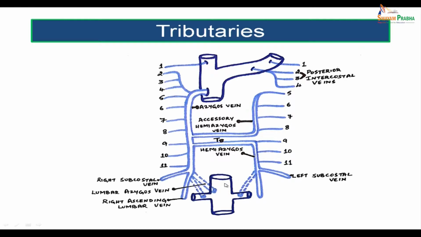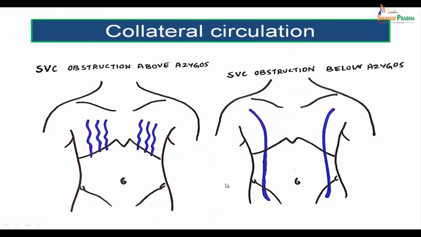All these become important when there is collateral circulation happening. If the superior vena cava is obstructed above the azygous vein, before the azygous vein ends in the superior vena cava, then the superior vena cava gets obstructed above it.